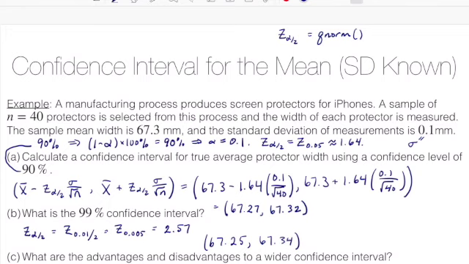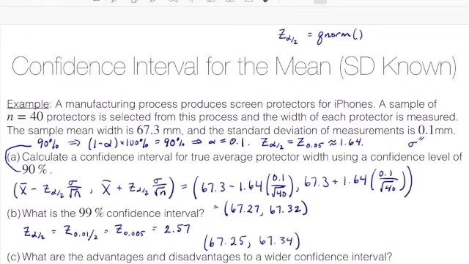And so that sort of gets at part C. What are the advantages and disadvantages to a wider confidence interval? Well, a wider confidence interval will have a higher confidence level associated with it. So you can be more confident in your interval because you know that the procedure that generated this interval covers the true parameter more often than the procedure that generated the narrower interval.